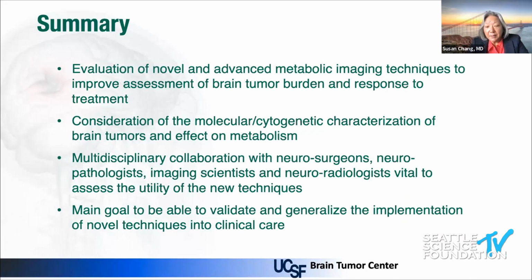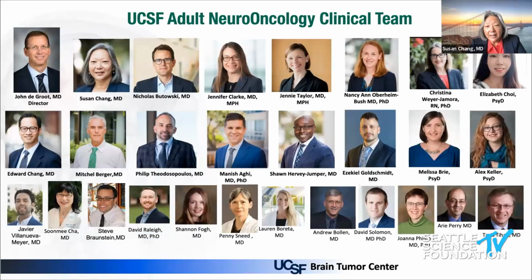This takes a multidisciplinary collaboration with all of our neurosurgeons, pathologists, imaging scientists, and radiologists, in order for us to really assess the utility. And we really want to be able to validate and generalize this implementation of novel techniques into clinical care. And so I will end by acknowledging the adult neuro-oncology clinical team, for which a lot of this work, and having our patients participate in this work, we would not be successful.